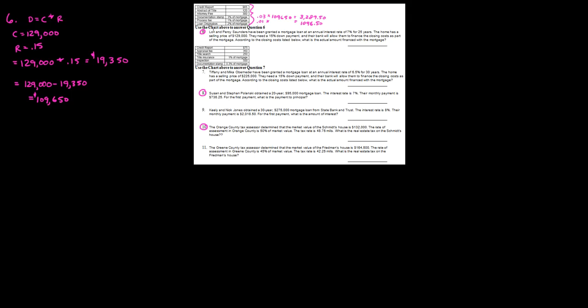And then the last part is their loan origination, which is 2%, so 0.02 times that same 109,650, and that's going to give me $2,193. So I need to add the $65, the $120, the $300, the $3,289.50, the $1,096.50, and the $2,193.